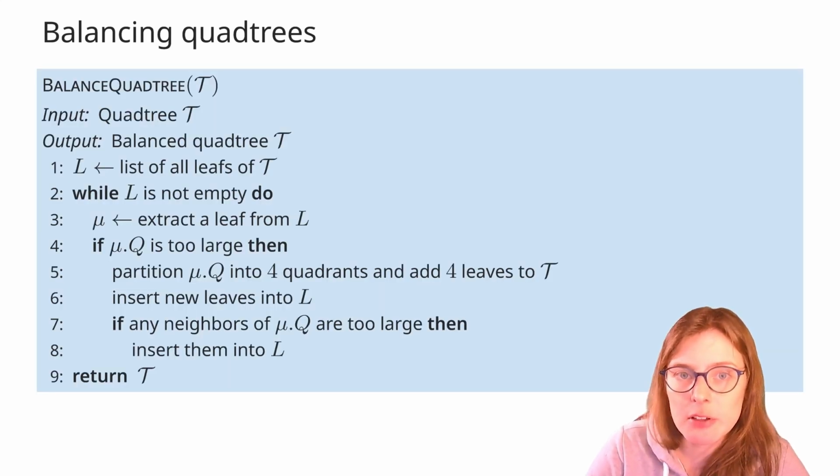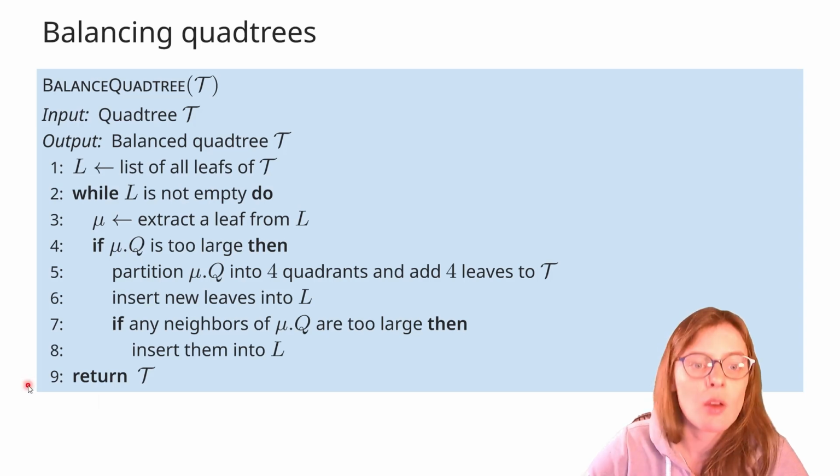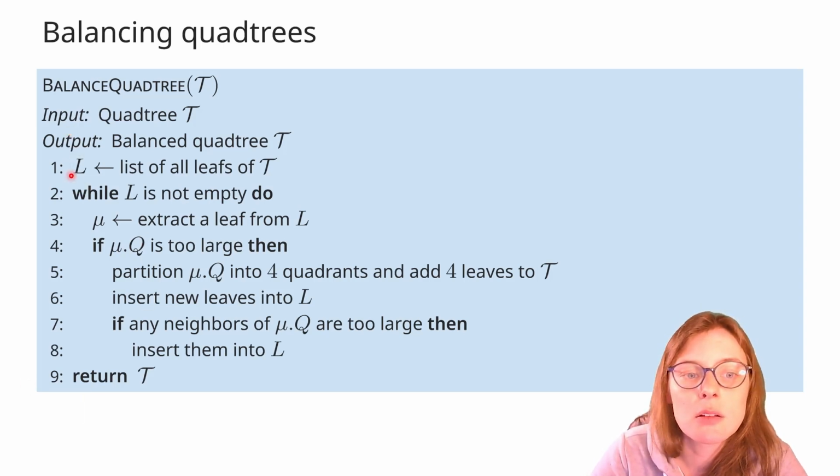Consider the following algorithm to balance a quadtree. The input is a quadtree T and the output is a balanced quadtree T. We define a list L and put all the leaves of the tree in it. While this list is not empty, we do the following.